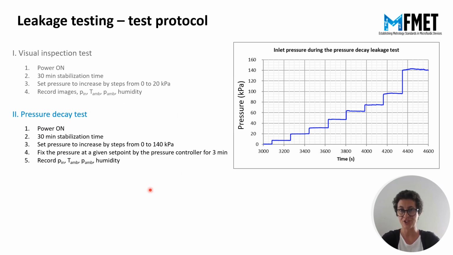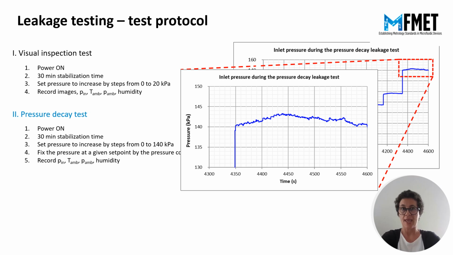So here another channel was tested, and again after a 30-minute stabilization time. The pressure was increased in steps of 3 minutes up to 140 kilopascal. And at 140, what we see is some instability in the pressure value, followed by a pressure decay, indicating leakage.